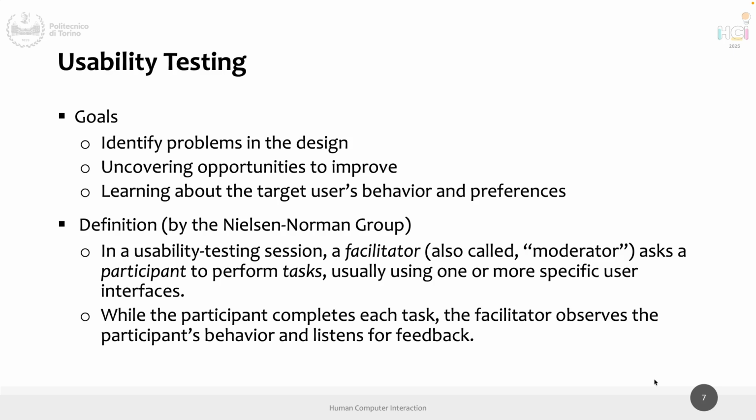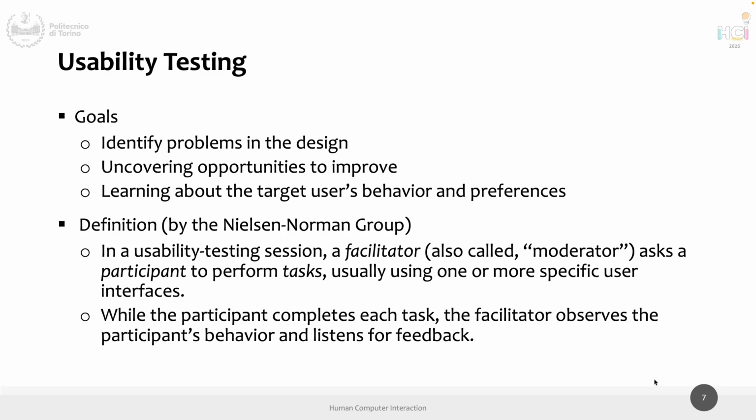So what's the definition of usability testing? And the definition will give us some specific terms that we are going to see again in the remainder of this lecture. The definition by the Nielsen Norman Group is that within usability testing we have sessions: you have one or more sessions, one session per participant.